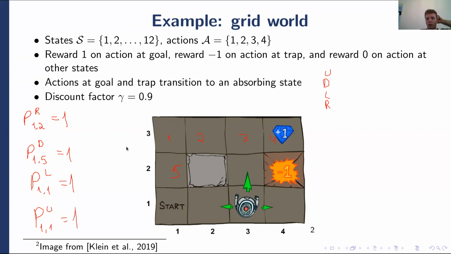Now, for every pair of states and action, we will have to define these probabilities in order to fully define this environment as a Markov decision process, okay? Of course, I'm not going to go into that, but you can see that it's not something that's very hard to do.